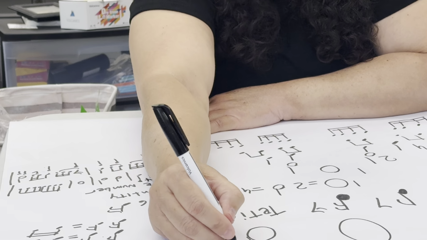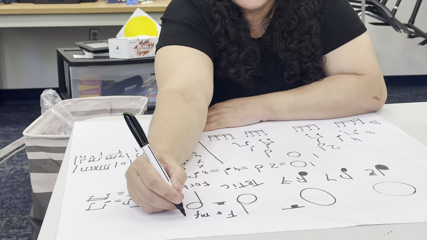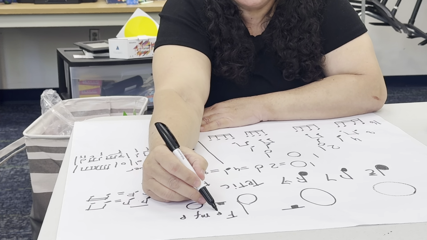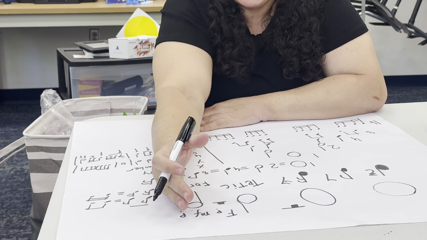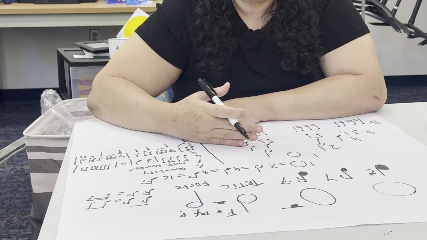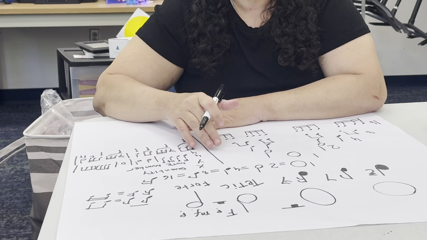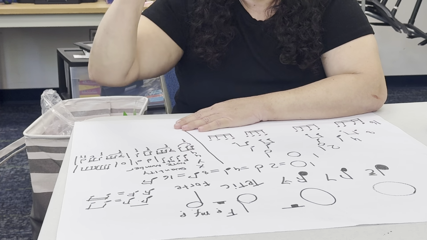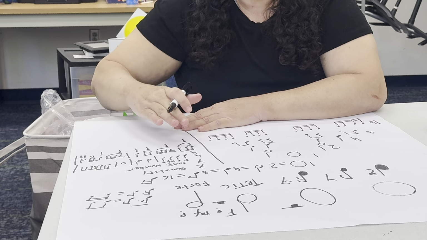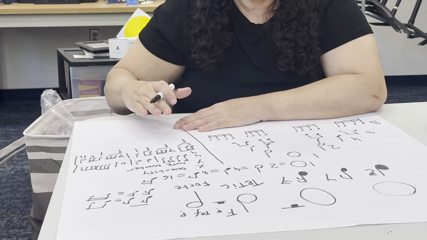On the 4/4 is forte, piano, mezzo forte, and piano. So piano is soft, mezzo forte is in the middle between forte and piano. It's a medium volume. This is called dynamics. So forte, piano, mezzo forte, piano, forte, piano, mezzo forte, piano.